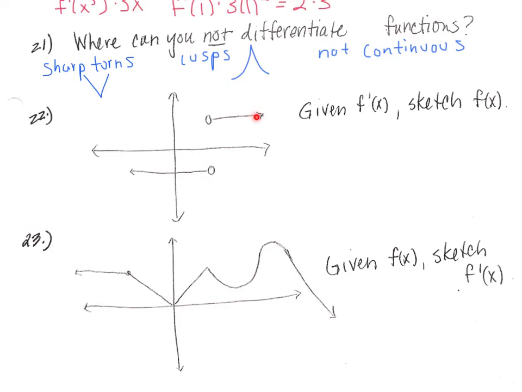And then for all these x values, it looks like maybe we have a slope of 2 since it's a little higher. So if I'm going to draw the original graph, okay, I have a slope of -1, so it looks kind of like that. And then I'm going to have a sharp turn, and then my slope will be maybe a little bit steeper on this side since the derivative is up a little bit higher. So we kind of have like a skewed absolute value graph.